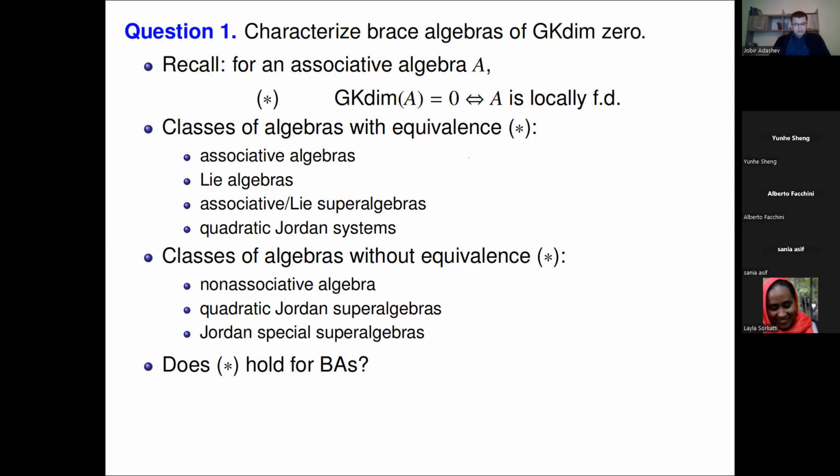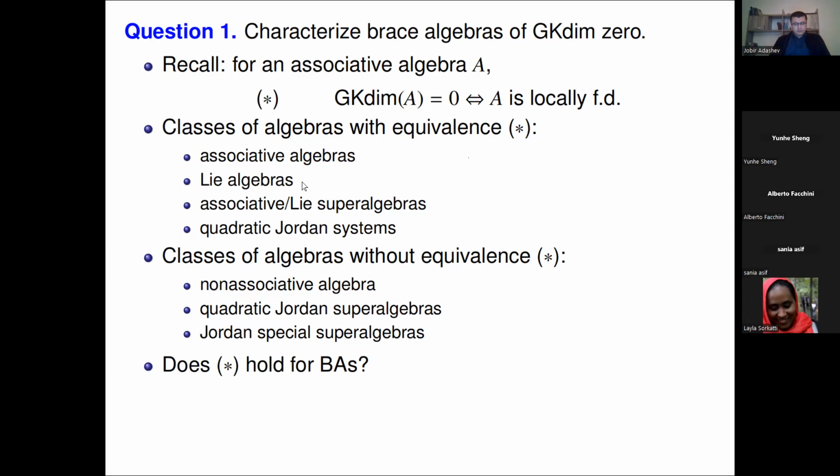This condition, denoted by star, actually many other classes of algebras have this equivalence. Like associative algebras, as we just mentioned. For Lie algebras, it's also true.